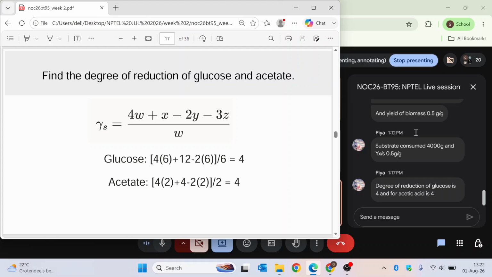So now I'll wait for another few minutes. I hope you got it right until this. You can tell me what you infer from both glucose and acetate having the same degree of reduction.